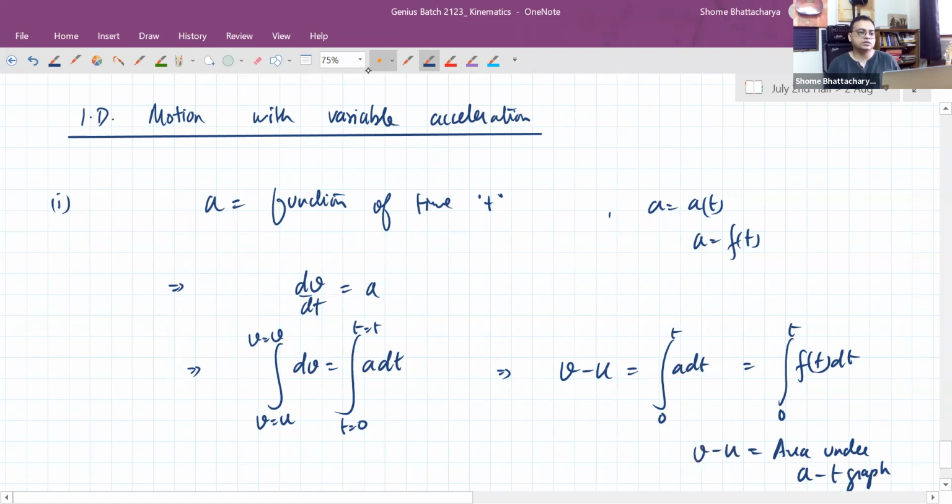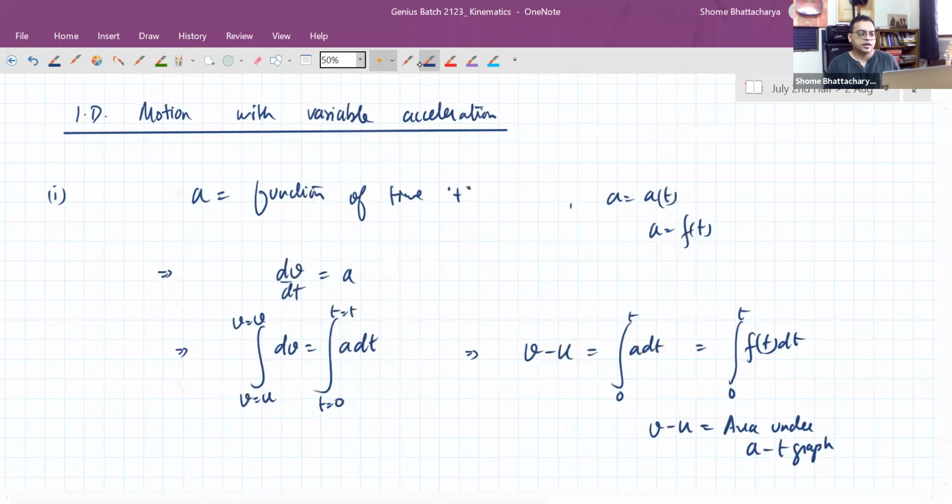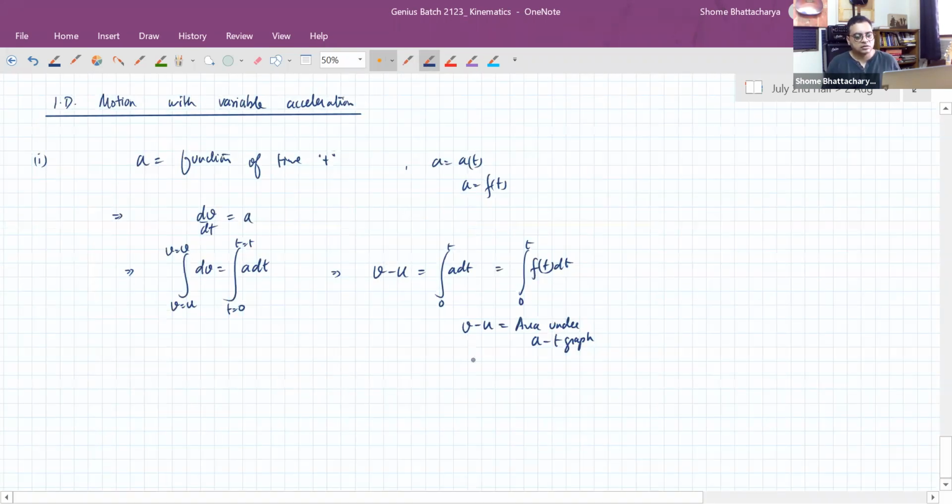That is the change in velocity. And once we do this, v will become u plus some kind of a function.